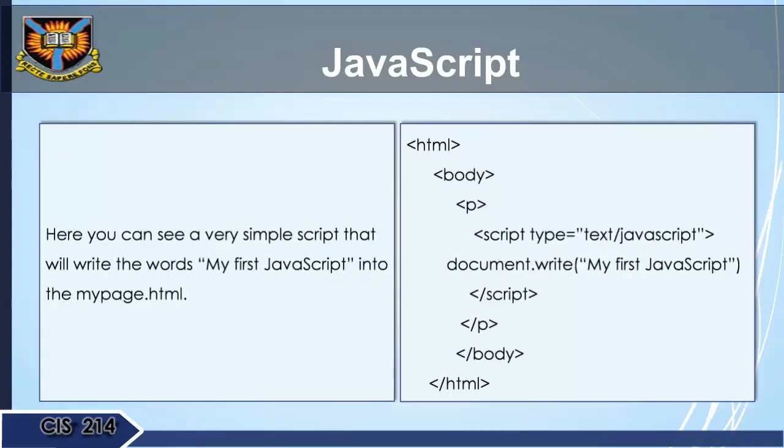Here you can see a very simple script that will write the words "my first JavaScript" into the mypage.html. HTML body p script type is equal to text/JavaScript document.write my first JavaScript /script /p /body /HTML.